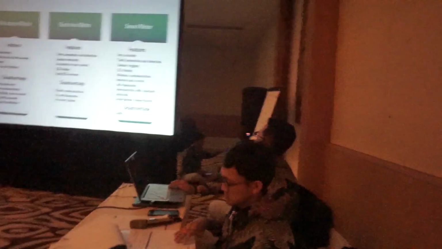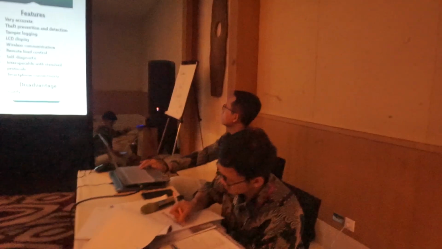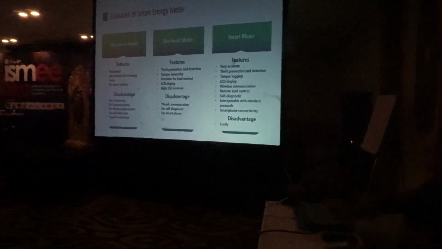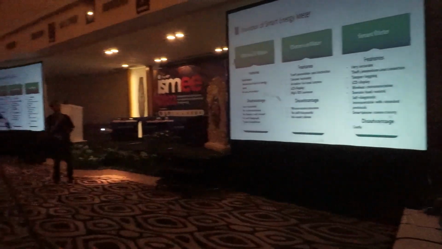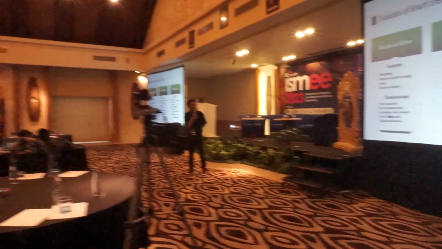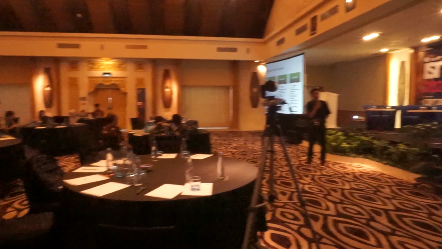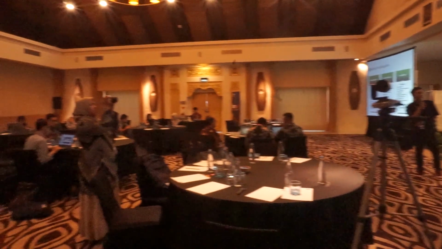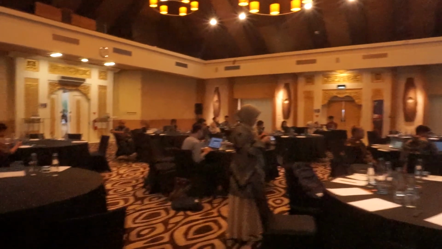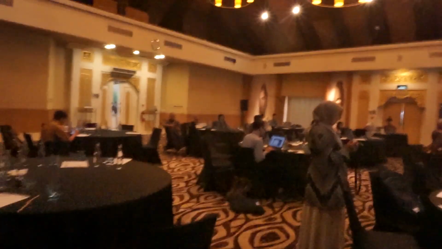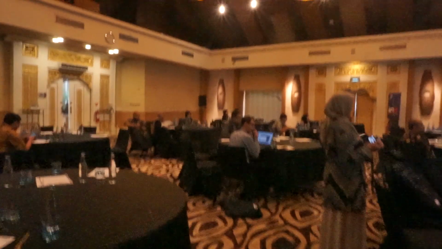And the last one is smart meter. Its features are very accurate, theft prevention and detection, tamper locking, LCD display, wireless communication, remote load control, self-diagnostic, interoperable with standard protocols, smartphone connectivity, and its disadvantage is that it is costly or expensive.